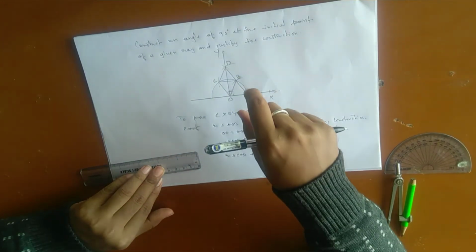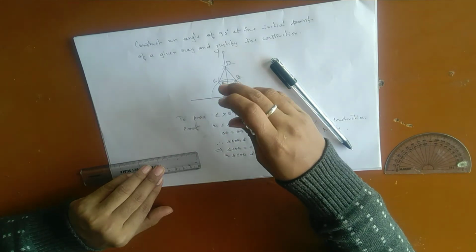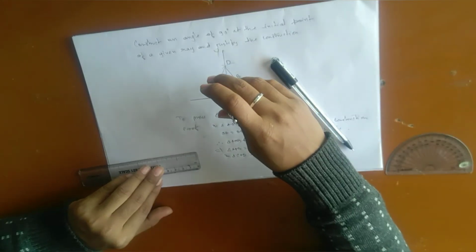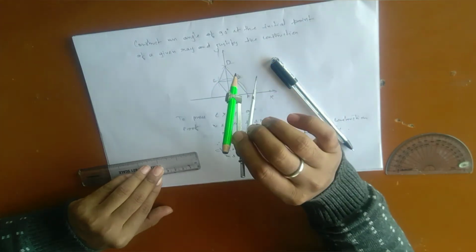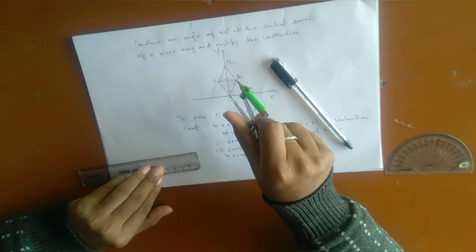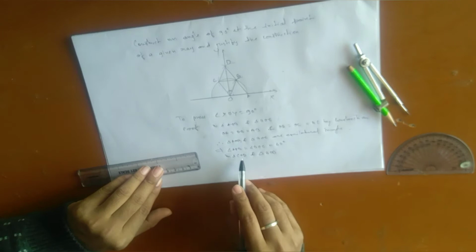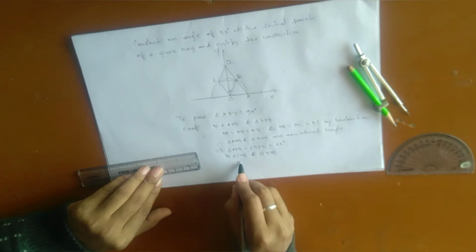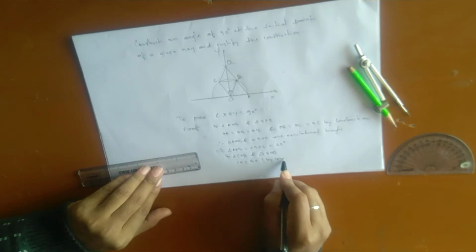Why? Because by construction you have taken this without changing the radius. By construction, without change, these two are equal. Not only this, we have also got others equal, but this is not our target. Our target right now is OB equals OC, or you can say CO equals BO by construction.